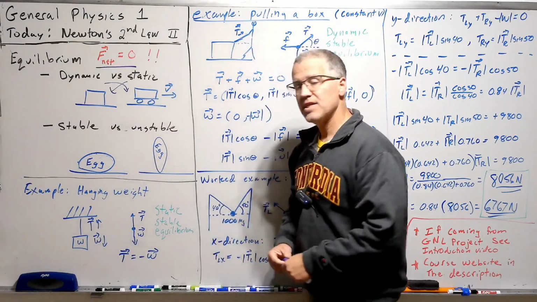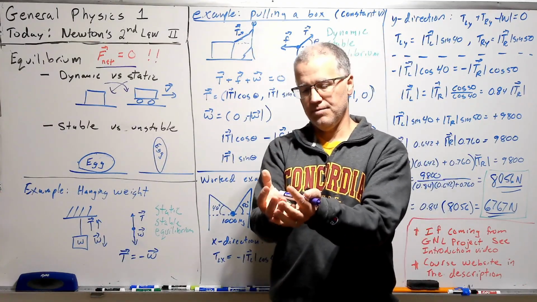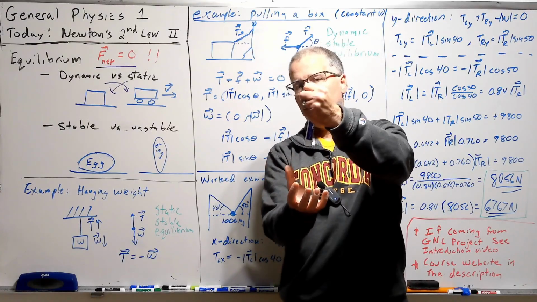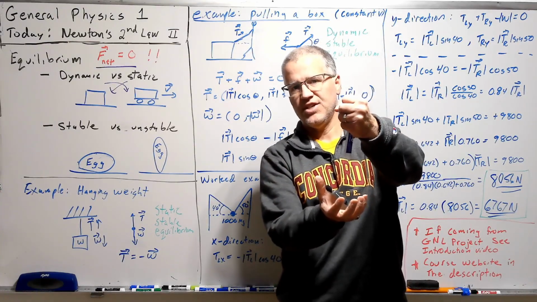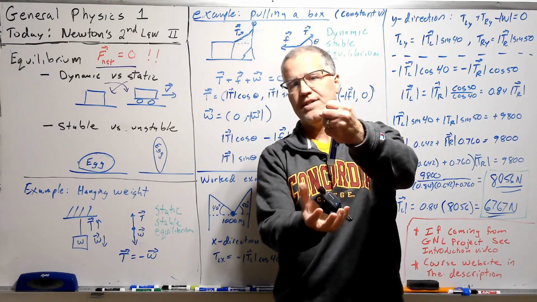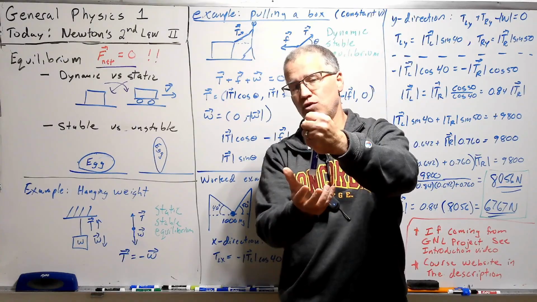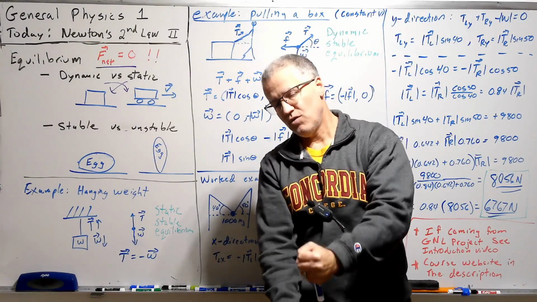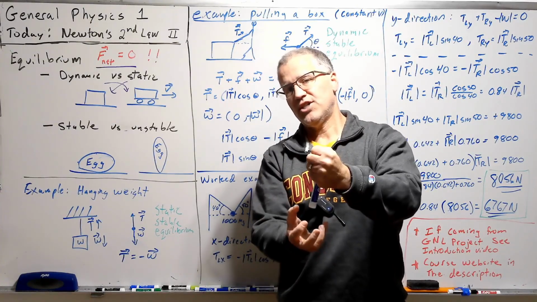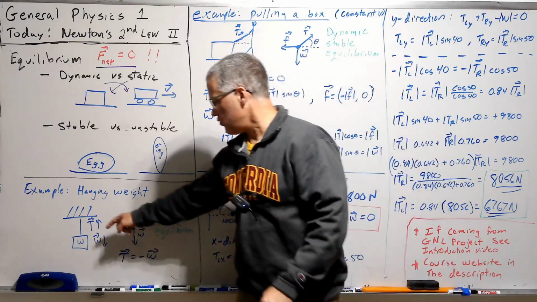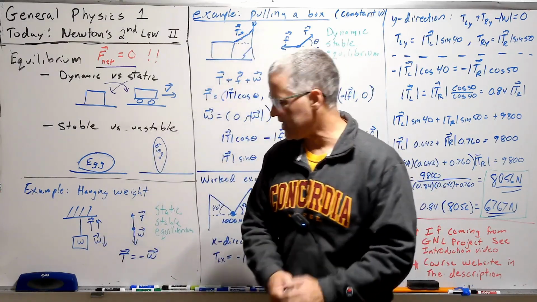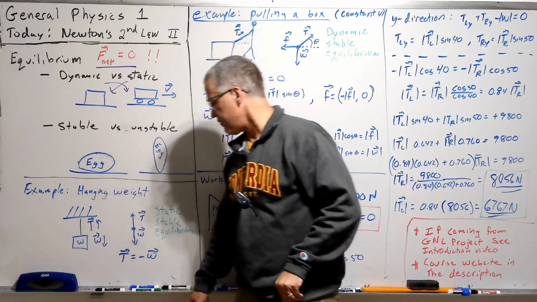The rope will apply as much tension as it needs to counterbalance the weight. The rope won't just spontaneously pull it up, and as long as the rope doesn't break or stretch, it won't let it go down. So the upward tension will just match the downward weight force.